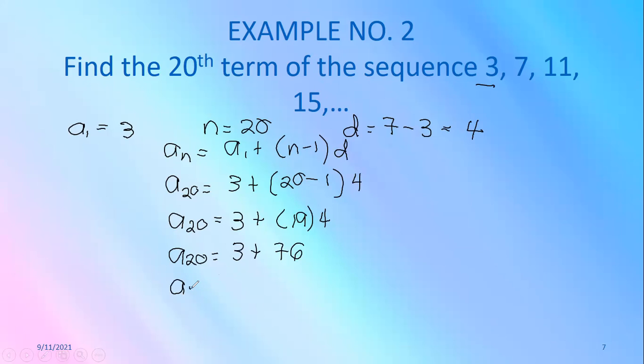And your 20th term is equal to 79. Okay, so questions for this example. Okay, so let's proceed.